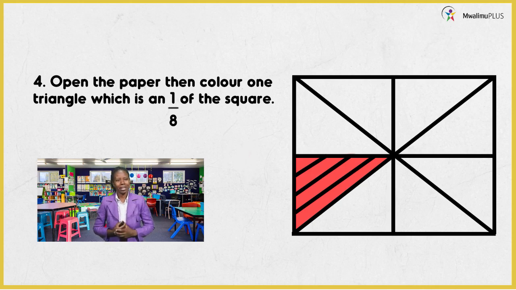Very good. And remember, our work was to color an eighth of this paper, isn't it? Yes, so when we talk of an eighth, we said that an eighth is 1 out of 8. So you can choose any 1 out of these 8 triangles. You can choose from your left or from your right.